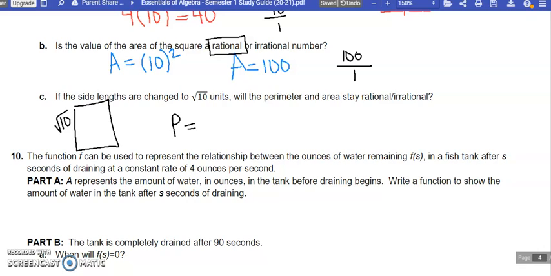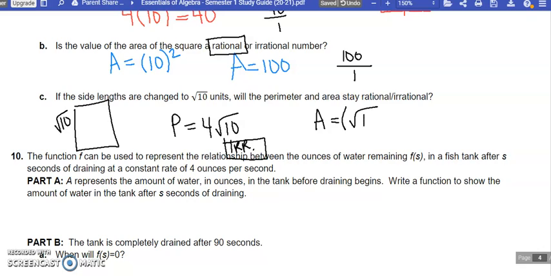Perimeter is our distance around. So that's square root of 10, square root of 10, square root of 10, square root of 10. So I have 4 square roots of 10. And again, no matter how you enter this into your calculator, it's going to stay irrational. It's a value that cannot be written as a fraction. So the area, though, on the other hand, is side length squared.